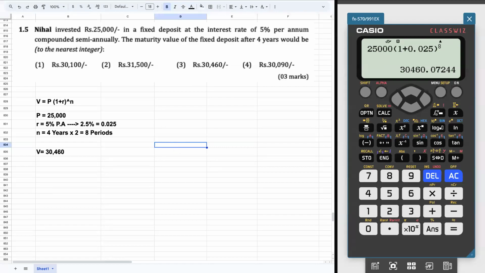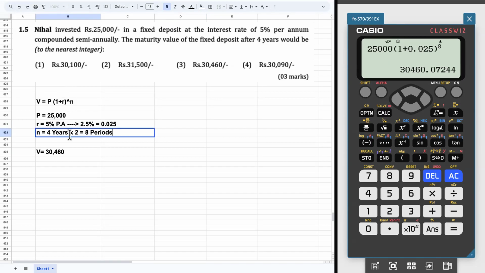Do you have any doubts or any clarification you need? No, right? Will you be able to manage this kind of question, my dears?